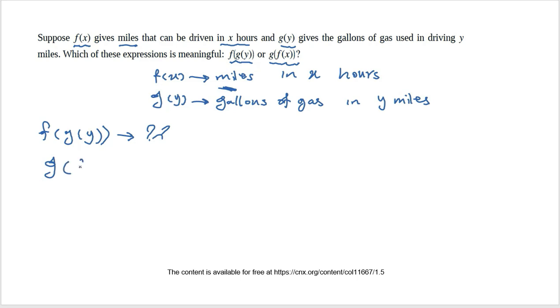And g of f of x means that the gallons of gas that is used is a function of miles, how much the car is going. So this one makes sense. The amount of gas, gallons of gas, is a function of miles that is being traveled by the car.